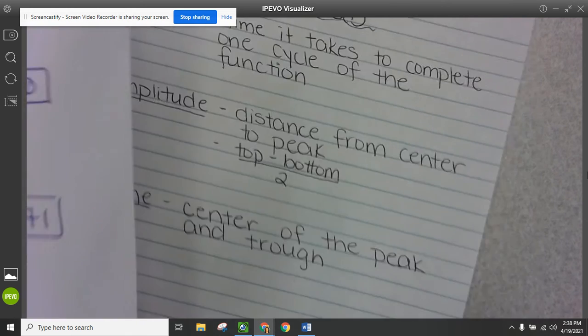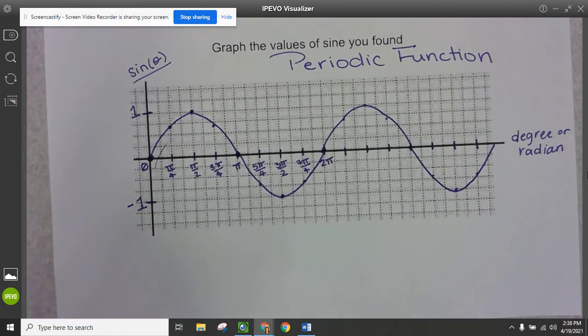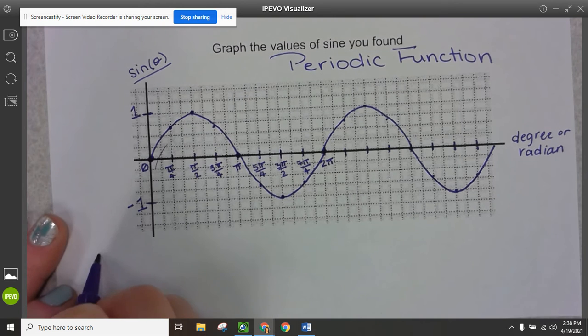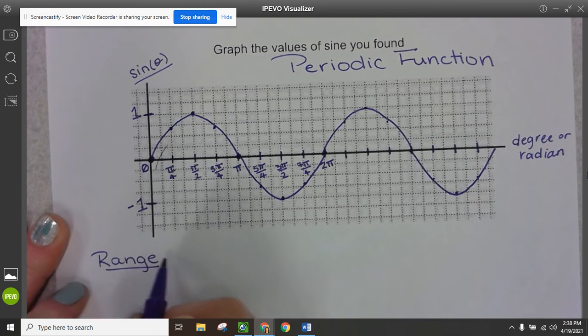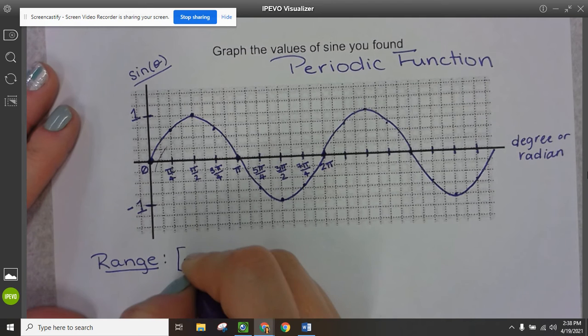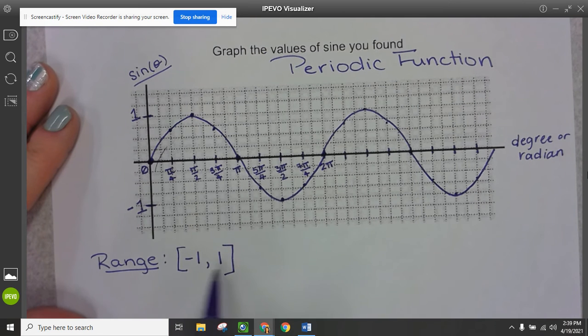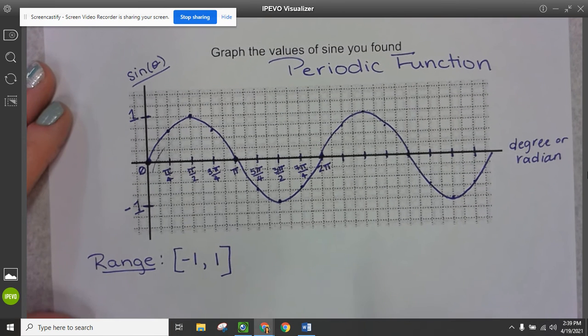So coming back to my graph here, one thing we need to be able to talk about is our range. That's our biggest and our smallest y value, and that goes from -1 to +1. And remember, those brackets are inclusive.